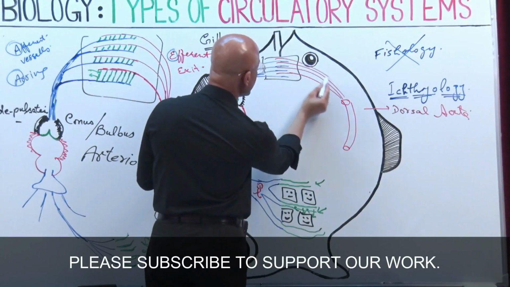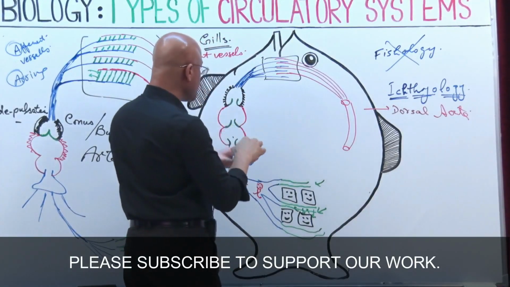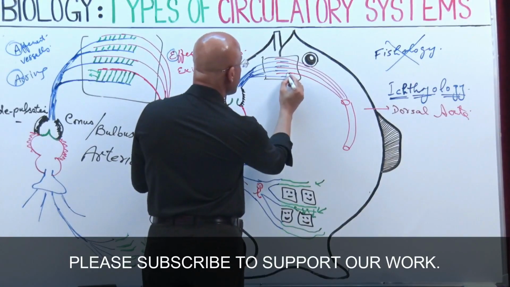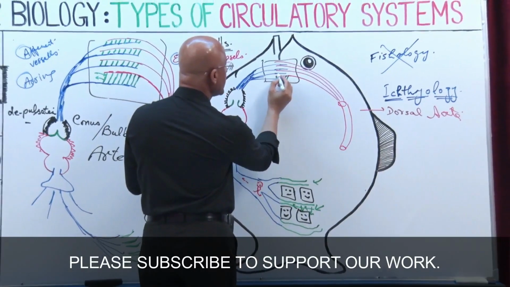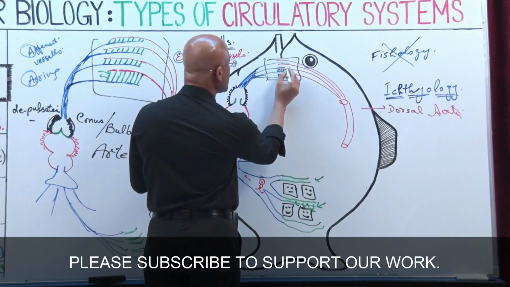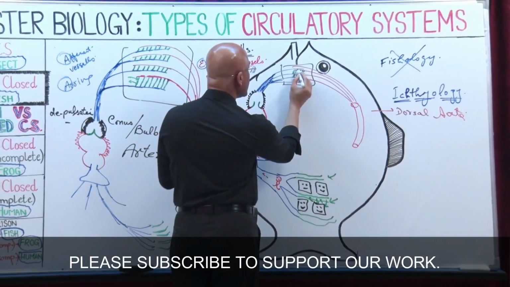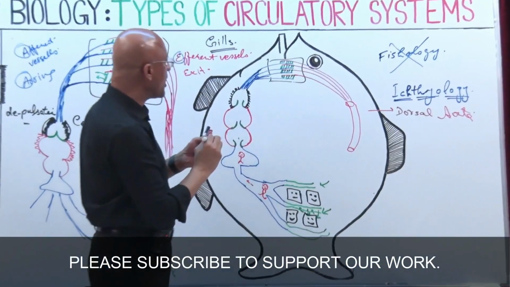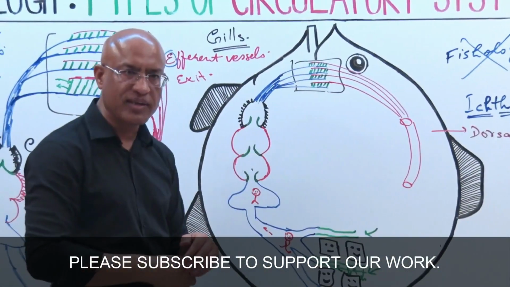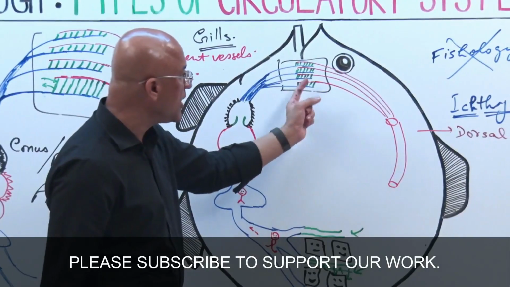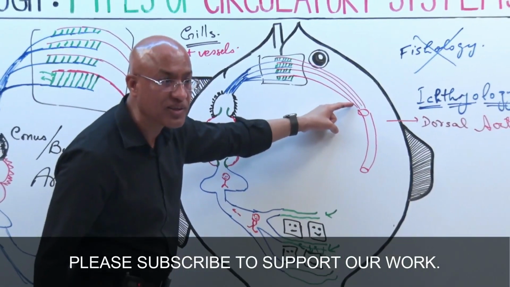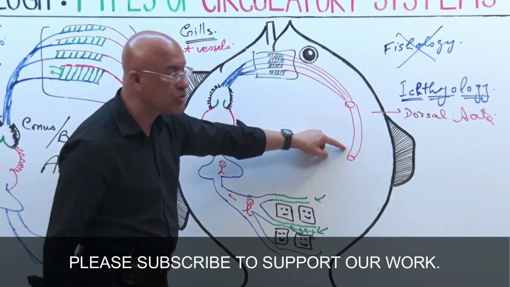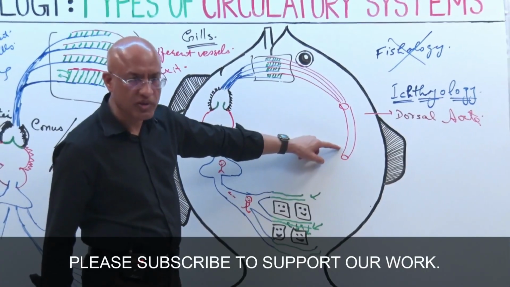And in between them what was there? Capillaries between the afferent and efferent, and these capillaries are responsible for gas exchange. Here deoxygenated blood acquires oxygen and loses carbon dioxide, and oxygenated blood through which vessels? Efferent vessels, right, goes eventually into the dorsal aorta.